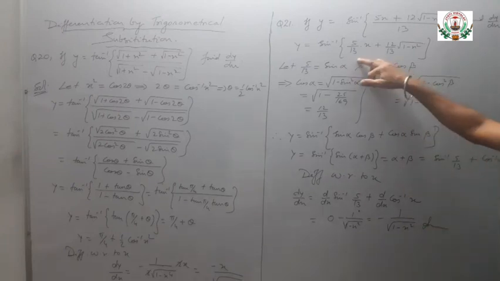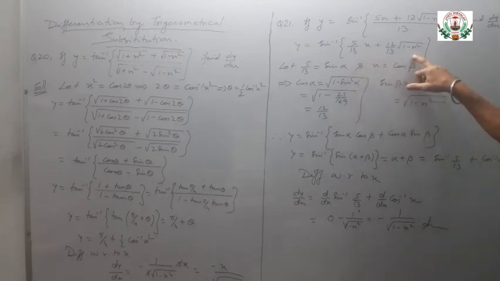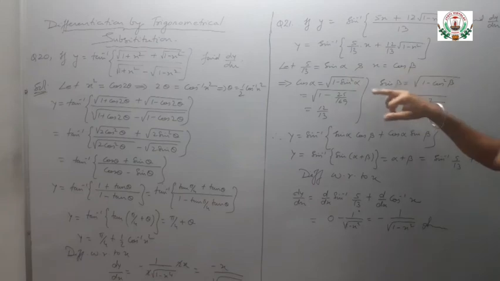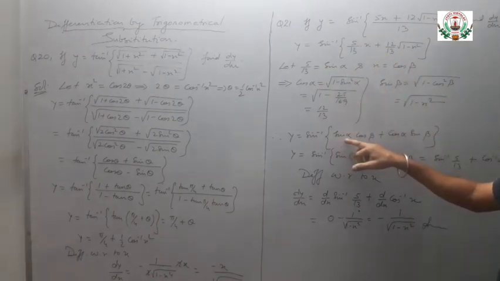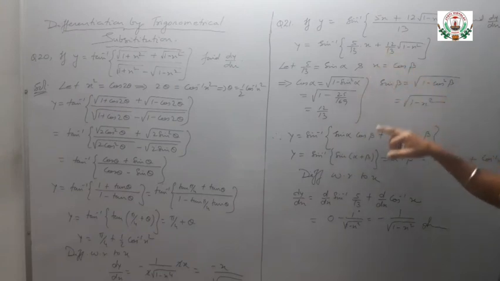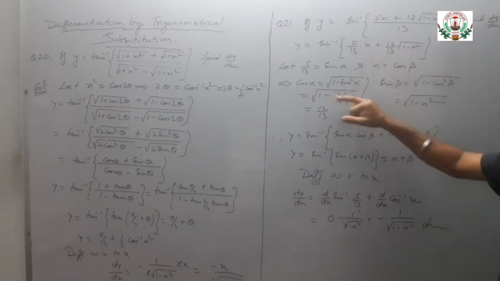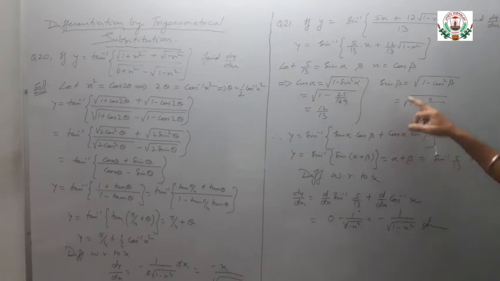So in this place I am going to substitute the values I have calculated here. 5 by 13 is our sin alpha, and x is cos beta. 12 by 13 is cos alpha, and under root 1 minus x square is sin beta.